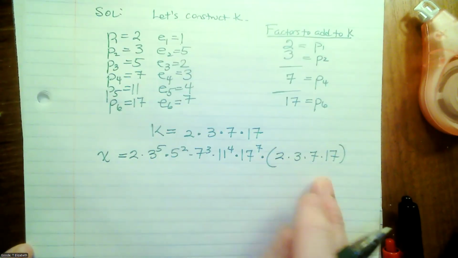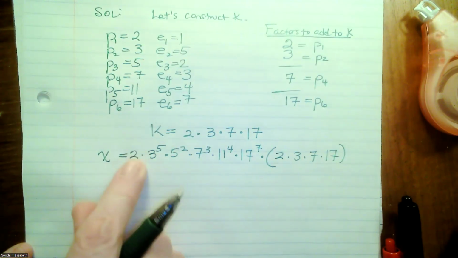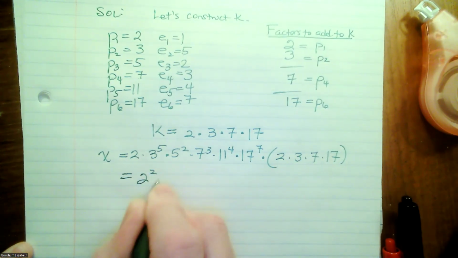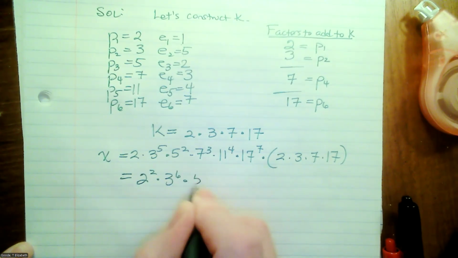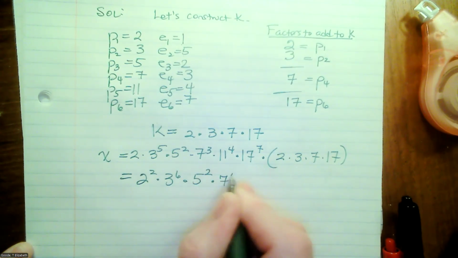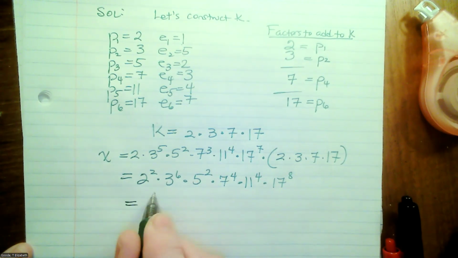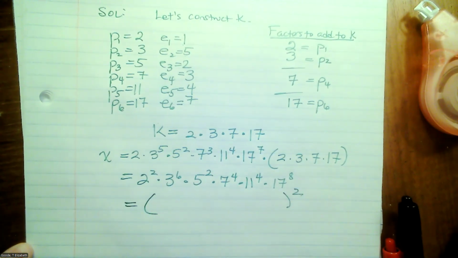If we rearrange this and put the 2's together and the 3's together and so forth, we've got 2 squared times 3 to the 6th. We already had 5 squared. Now we've got 7 to the 4th. We already had 11 to the 4th, but now we've got 17 to the 8th. If we want to prove that's a perfect square, just show that it's an integer squared.